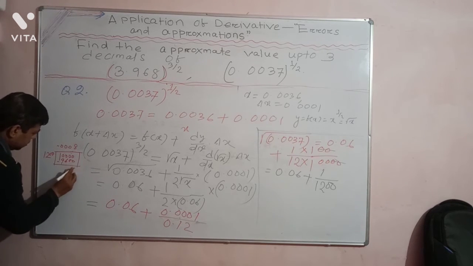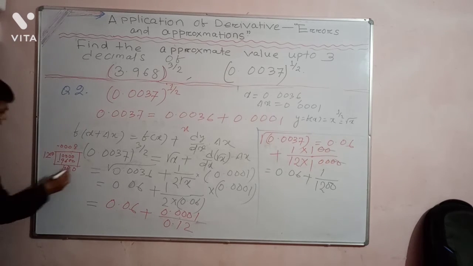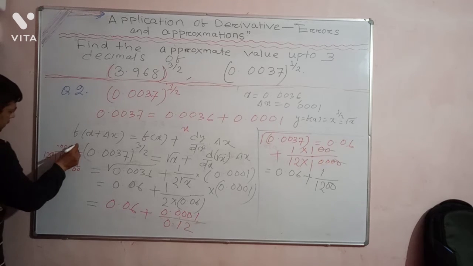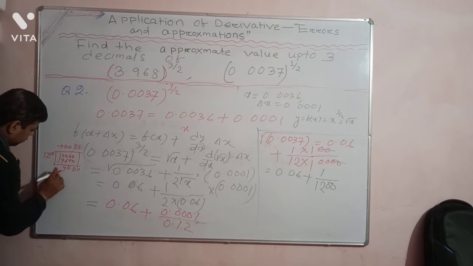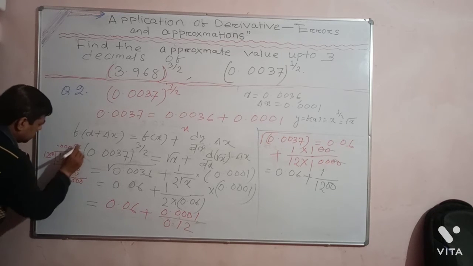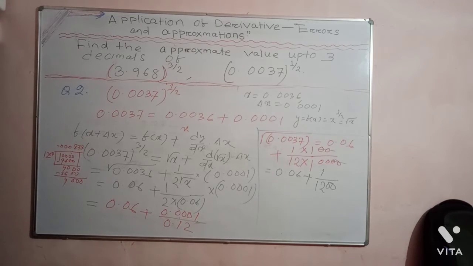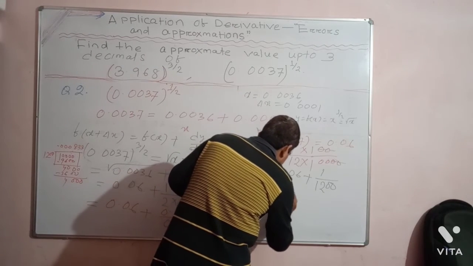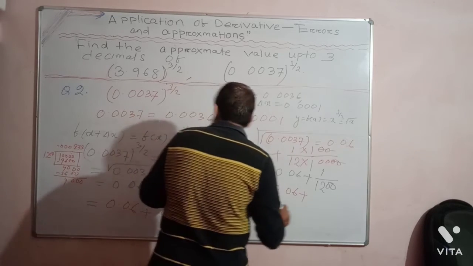Minus, again you put 0. Again 12 threes are 36, you put 36. So 10 minus 6 is 4. Again 6, 36, 12 threes are 36. So we get 0.000833.